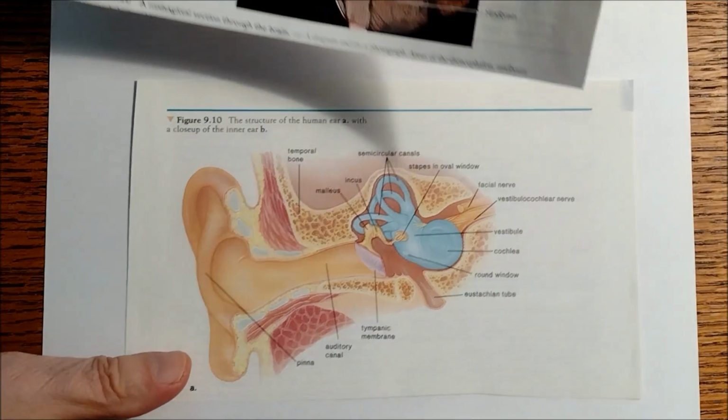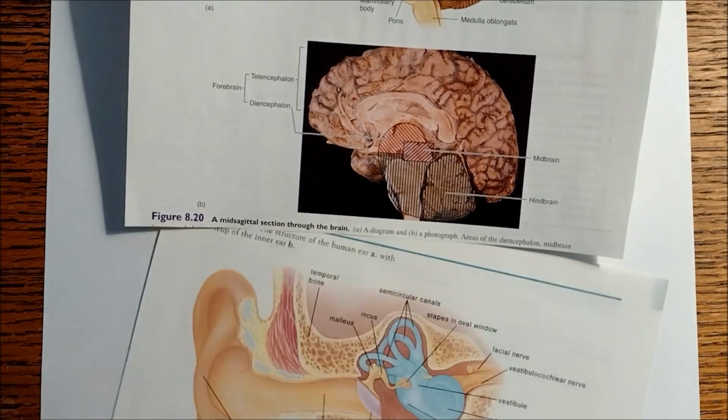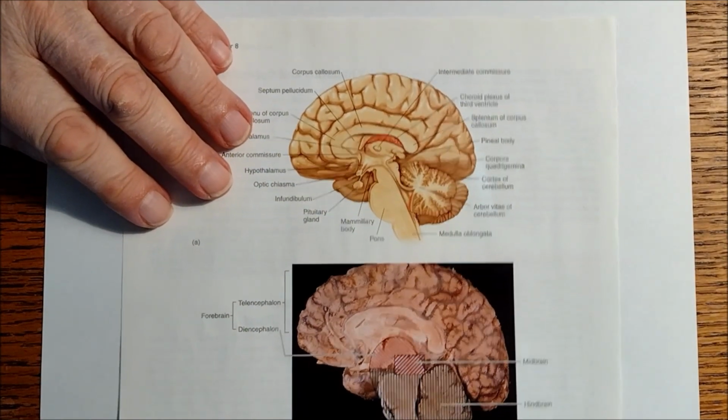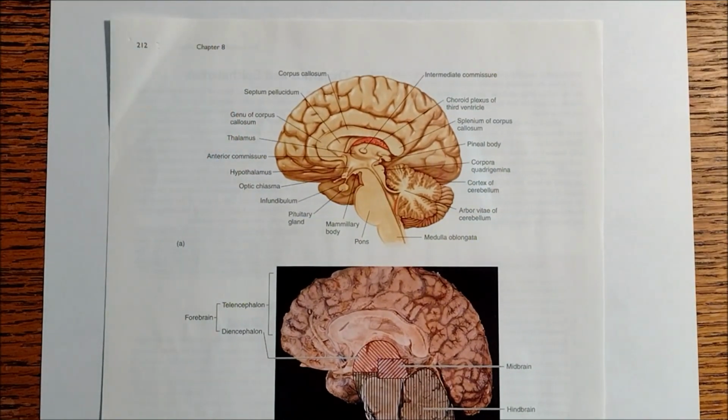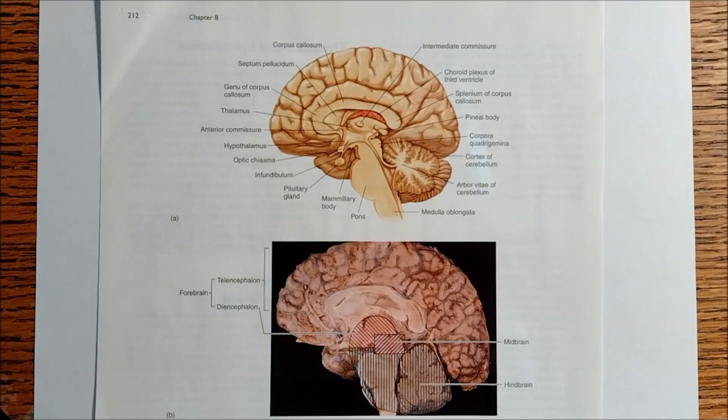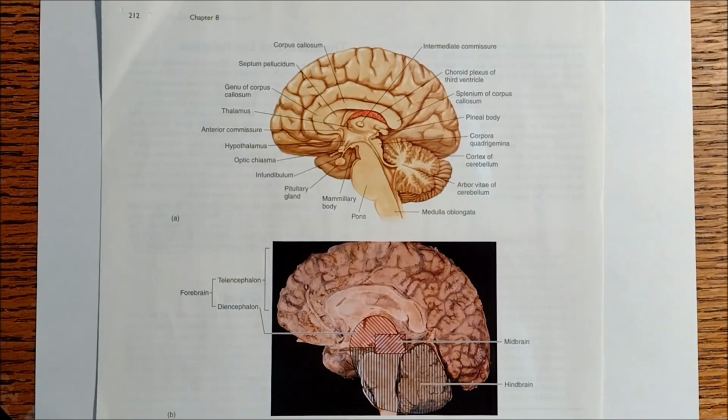And both the eye and the ear, of course, are connected to the brain. The brain, which regulates and controls all of our activities in the body, needs to know what's going on, not only outside but inside. And we're going to take a look at how the brain functions.